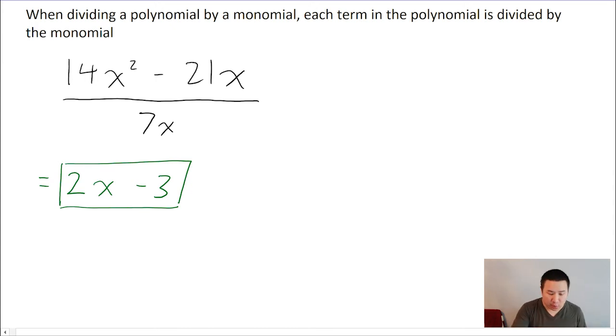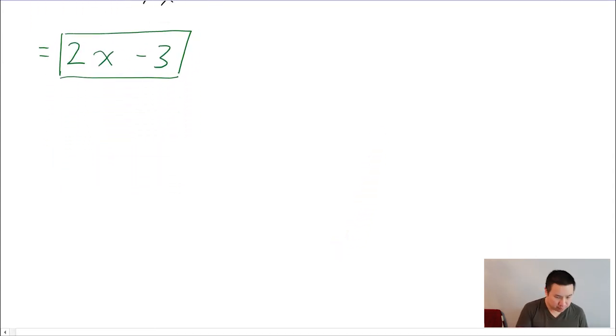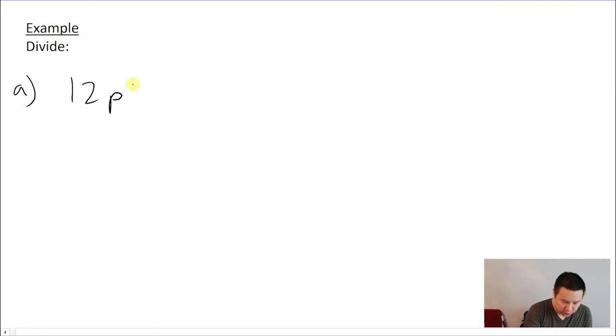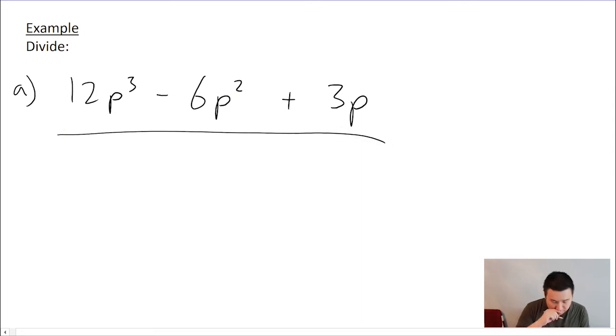Let's take a look at a couple more examples and then we're going to be done for today. Let's divide the following. Let's take 12p cubed minus 6p squared plus 3p, and we want to divide this whole thing by 3p.